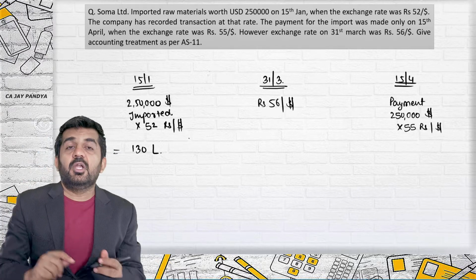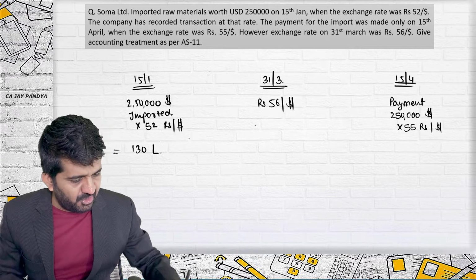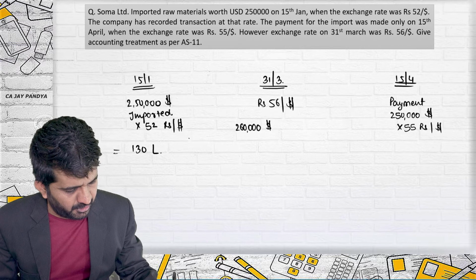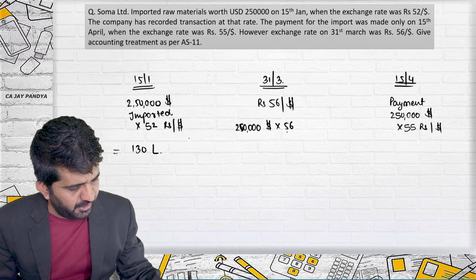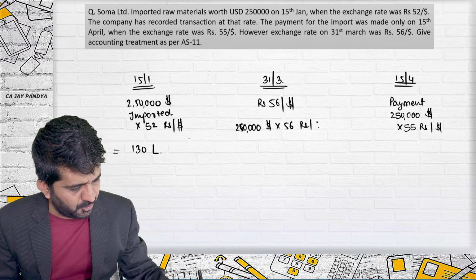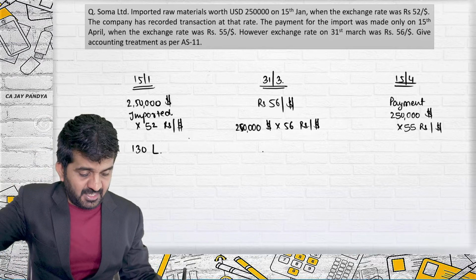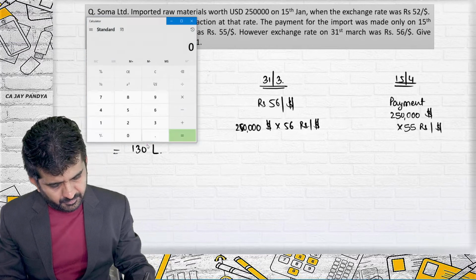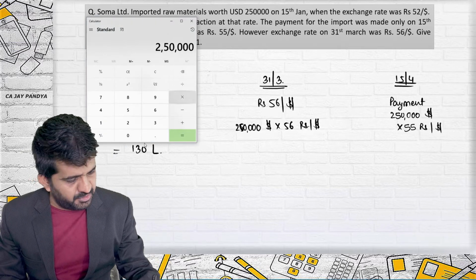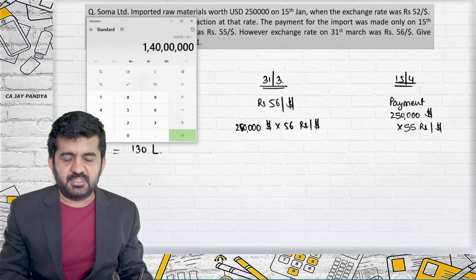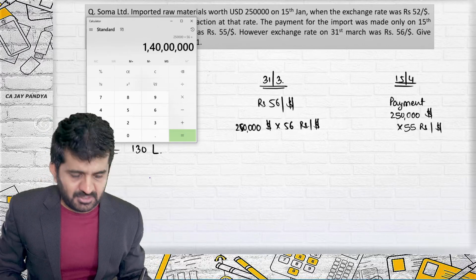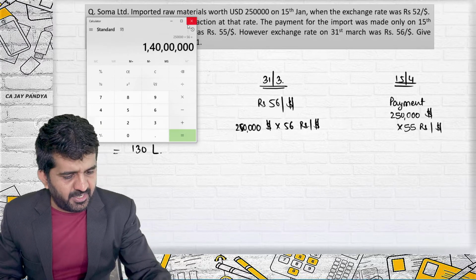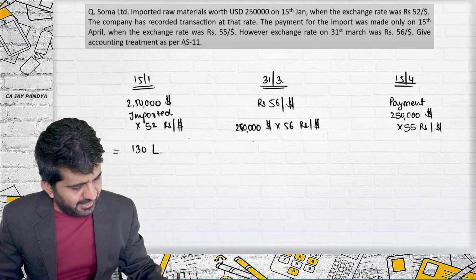Now creditors should be converted: $250,000 into 56 rupees per dollar, 2,50,000 into 56. It is 140 lakhs. The problem is we have already credited 130 lakhs. So the additional amount will be 10 lakhs.